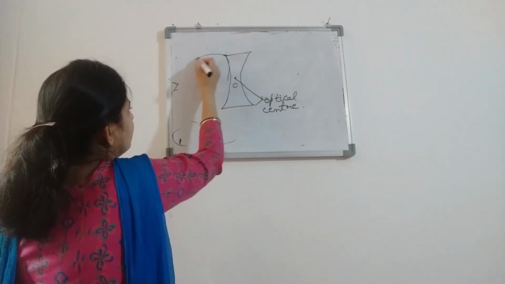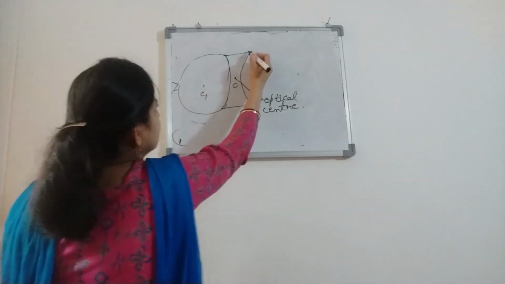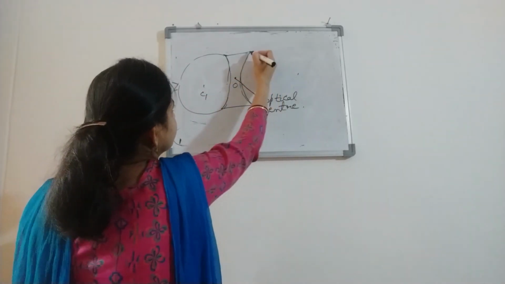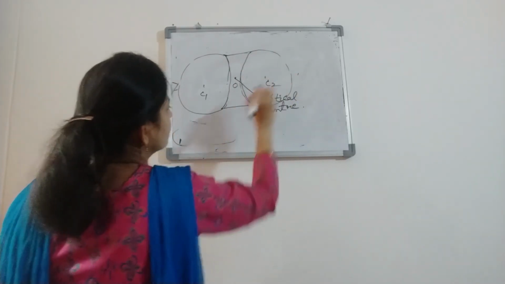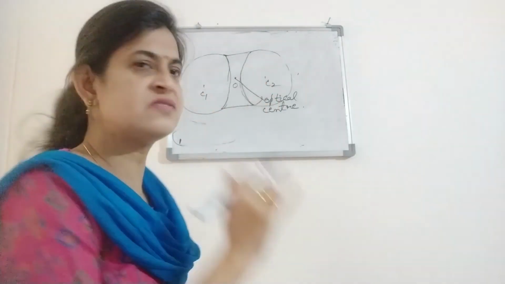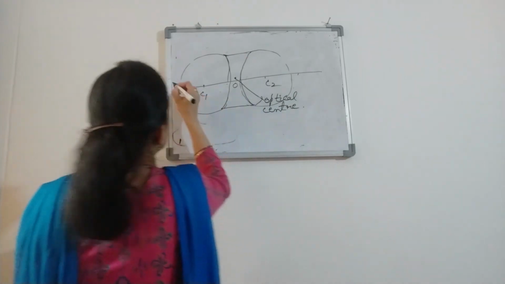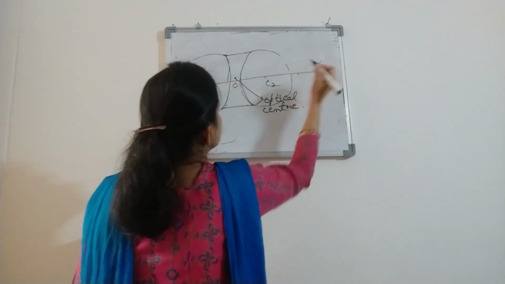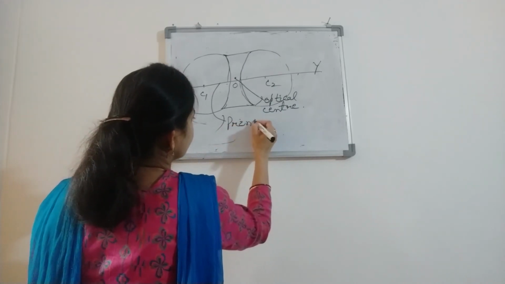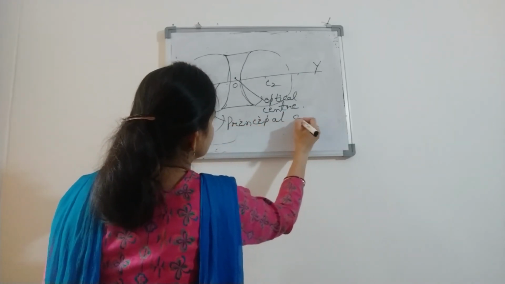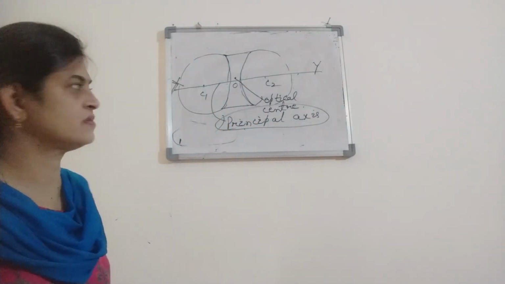A concave lens also has two refracting surfaces. This is one refracting surface and C1 is the center of curvature. This is another refracting surface. Suppose this is the center of curvature C2. Now if you join C1 and C2, then this axis is called the principal axis.